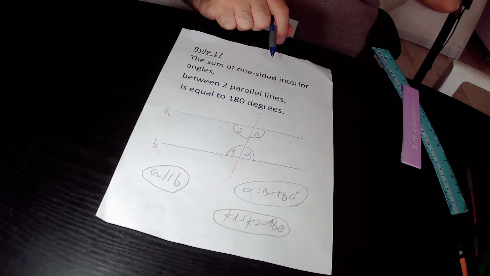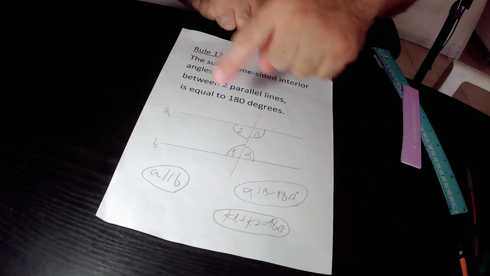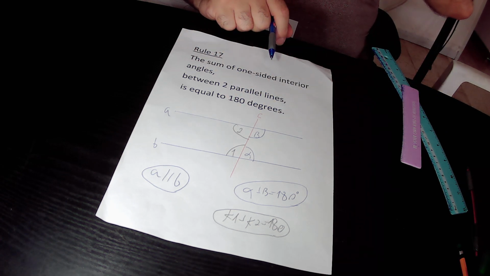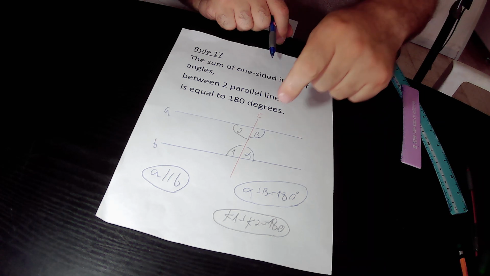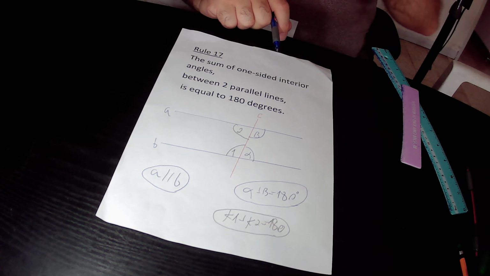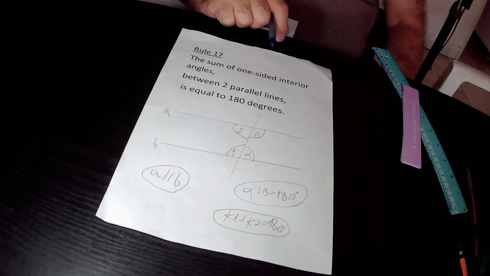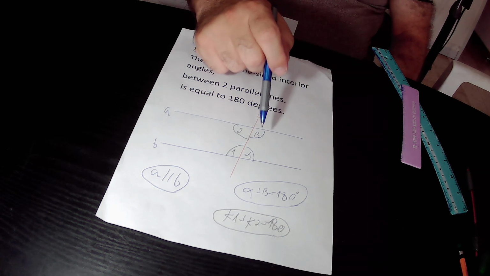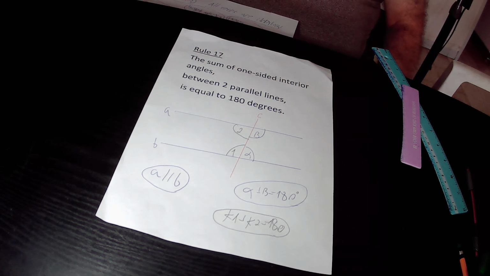Angles alpha and beta are defined as interior angles because they are located between the parallel lines A and B. Therefore in total they are defined as one-sided interior angles. According to Rule 17, the sum of two one-sided interior angles is equal to 180 degrees. That is to say, angle alpha plus angle beta, in total, are equal to 180 degrees.